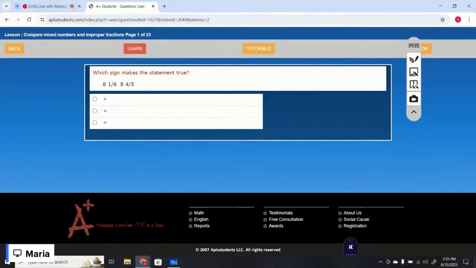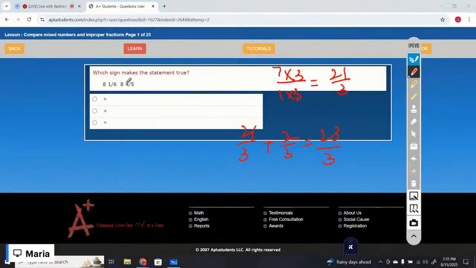Eight whole 1 by 6 and 8 whole 4 by 5. So the whole number part is 8 and the fractional parts are 1 by 6 and 4 by 5. So 4 over 5 is greater than 1 by 6.